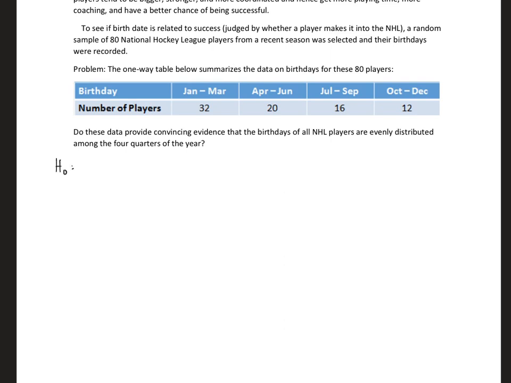The null hypothesis is the birthdays of all NHL players are evenly distributed among all 4 quarters.